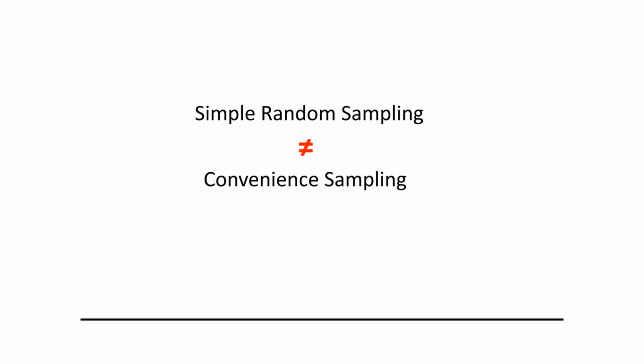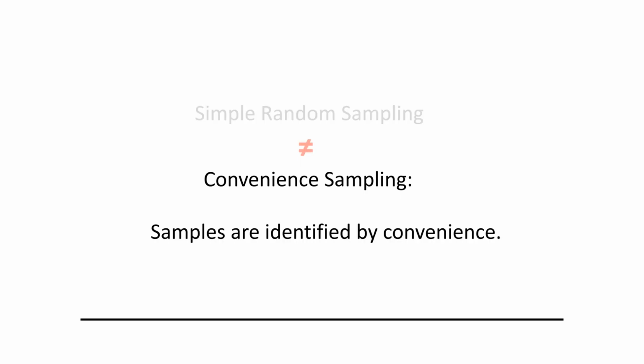One more thing before we go to the last section of this presentation. Note that with our Denis Farmer example, to simplify things, we didn't use simple random sampling, but instead convenience sampling, where we identified our sample by convenience as opposed to selecting samples based on each sample having the same probability of being selected as we did in the simple random sampling case.